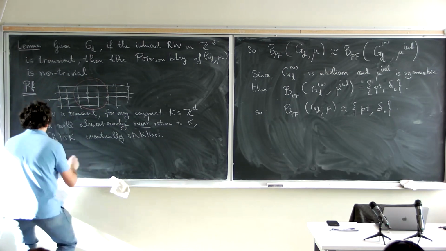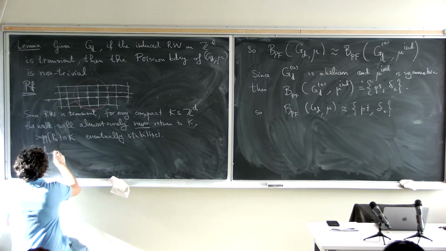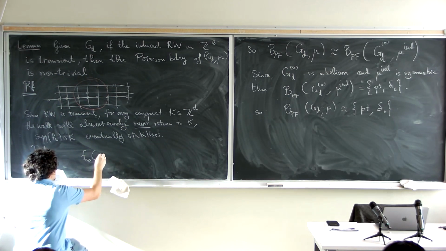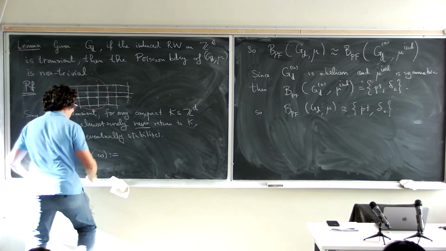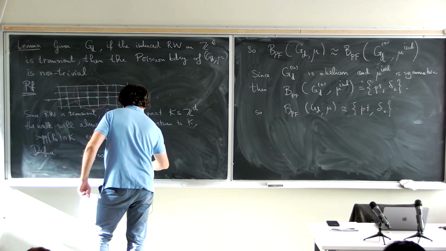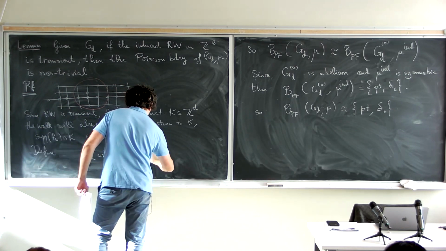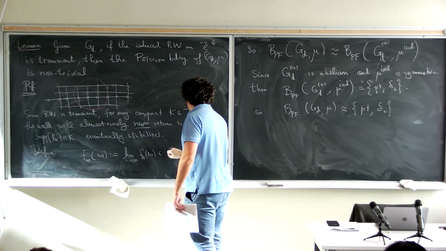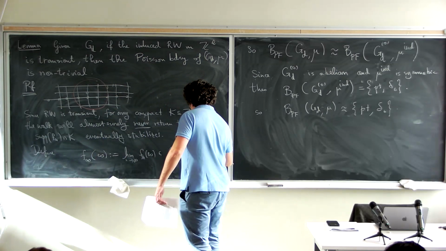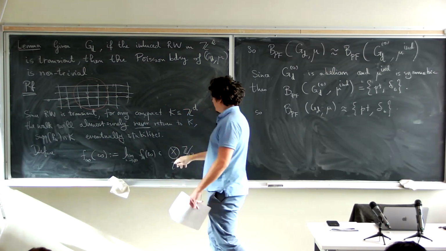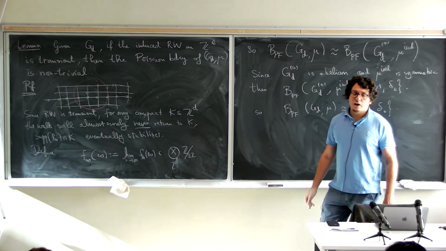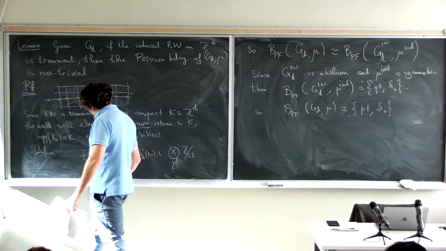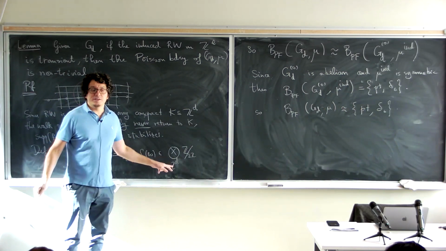And so we can define F infinity of your path omega as the limit as n goes to infinity of F_n of omega. And where does this live? Well, this lives in the product, not in the sum anymore, but in the product of all these finite groups, because the configuration of lights need not be finitely supported in the limit.